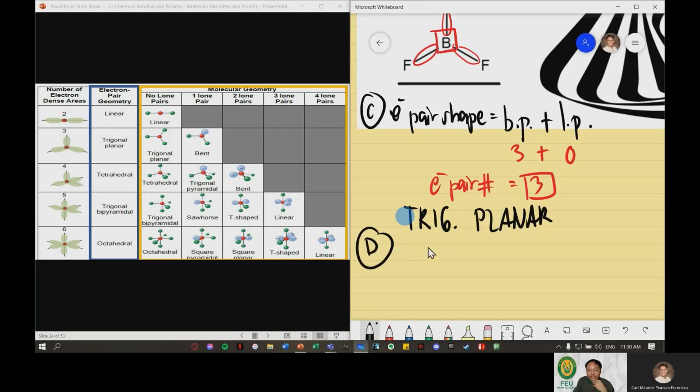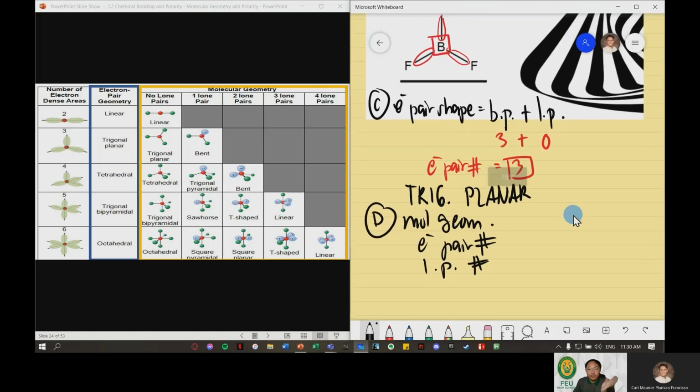Now how about letter D? Letter D would be your molecular geometry shape. The molecular geometry shape is based upon the electron pair number and LP number. You do not need to perform any mathematical operation, you just need to identify them. Your E pair number is 3, your LP number is 0. So 3, 0.